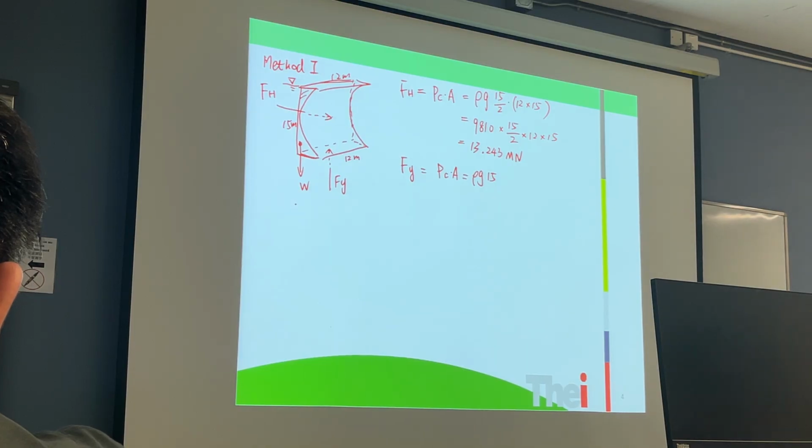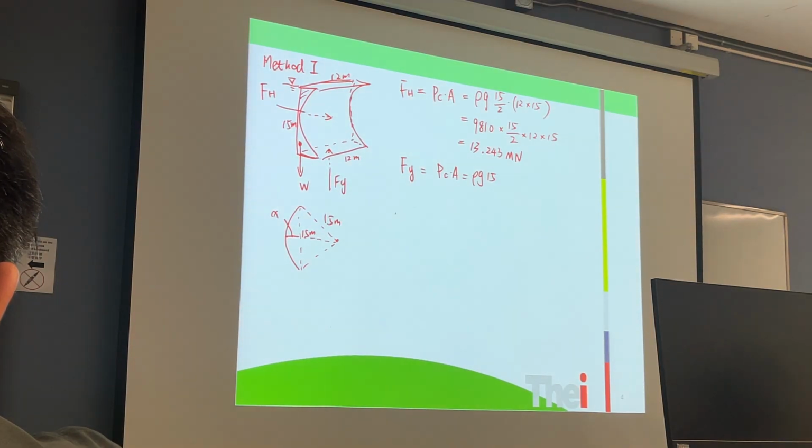We can look at here. This radius is 15 meters, and this is 15 meters, this is also 15 meters. So we are finding this distance. We say this is the x.